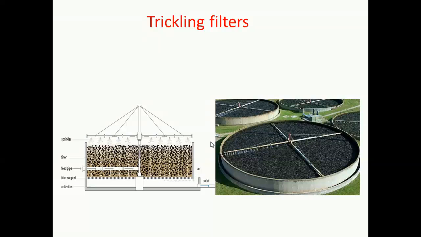In the cross section of the trickling filter, we are observing the bed. The bed consists of filters, different types of filter supports. The filter support is nothing but the bed. It consists of microorganisms.